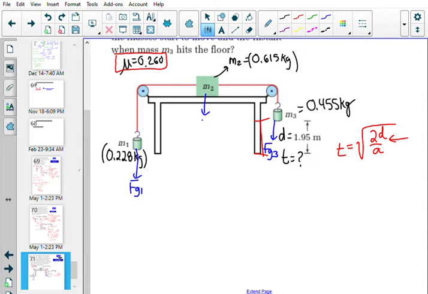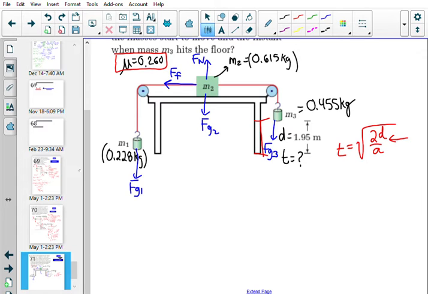I have Fg2 this time, which is not pulling on the rope, but since there's friction, we need to work it out. Because Fg2 will be the normal force, friction is going to be back in this direction, and it's going to be mu times that normal force.